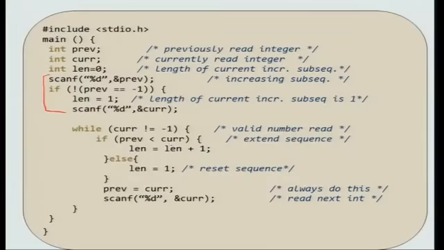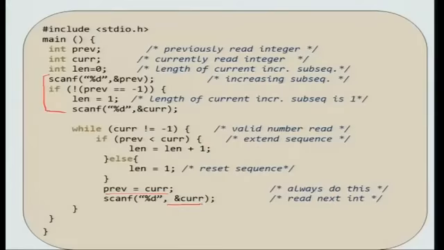Otherwise, that is, current is less than or equal to previous, you break the sequence and say length equal to 1. Okay. Then we have this step previous equal to current, which is the advancing both variables by 1. So previous becomes the currently read number and current becomes the next number to be read.